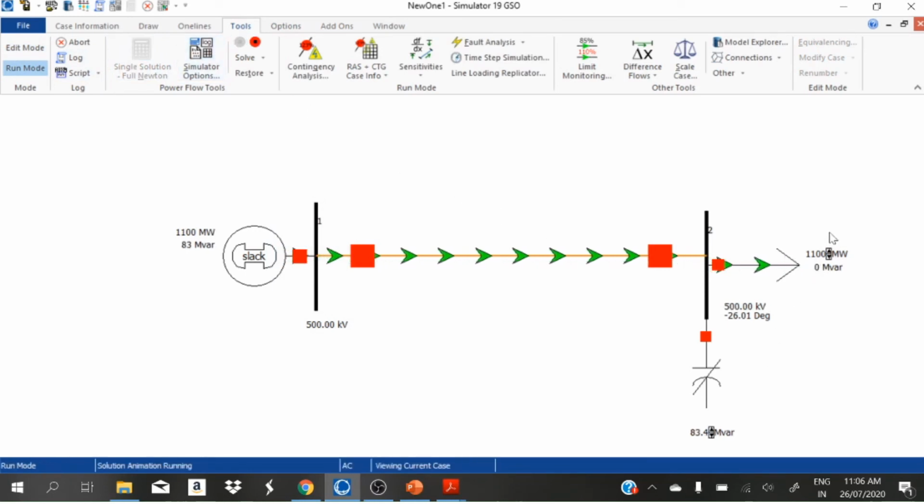Now you can see again for the increasing load, the voltage at the receiving end is maintained at the same 500 kilovolt. By connecting the switched shunt reactor or capacitor, we can maintain the receiving end voltage the same as the sending end voltage. By using this switched shunt at the receiving end, we can get good voltage regulation.